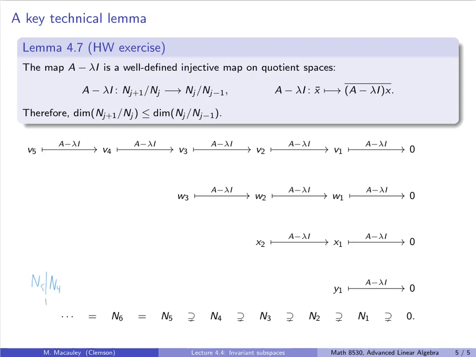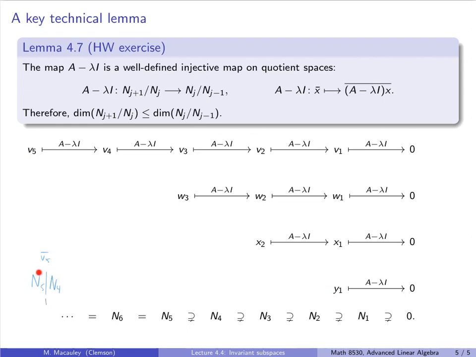A basis for the quotient is going to be v5 bar, because v5 is something that is in N5 and not in N4. Now, N5 is the set of all vectors that are killed or annihilated by (A minus lambda I)^5, by 5 iterations of this, which is everything. Whereas N4 are the vectors that are killed by 4 iterations of A minus lambda I, which is all 10 of these, but not v5.